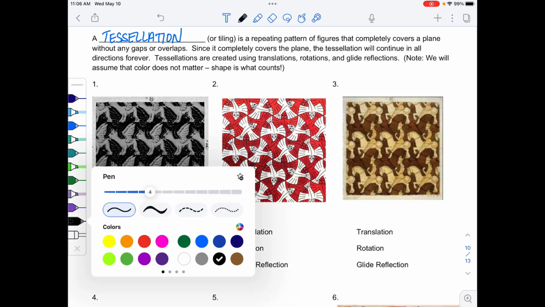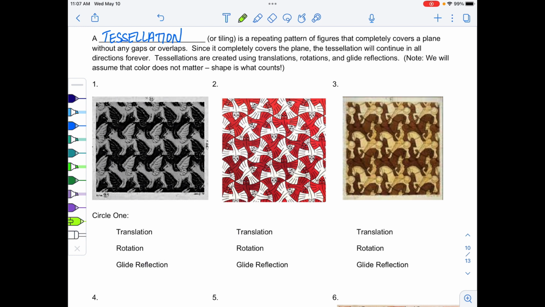The very first one here is a great one. I love this one because some of us can see both. You can see the image in white and also black. This one gets a little confusing, but if you see what looks like a cat with wings facing to the left, what I want you to look at is also a cat with wings, that I'm outlining terribly, that faces the opposite direction.